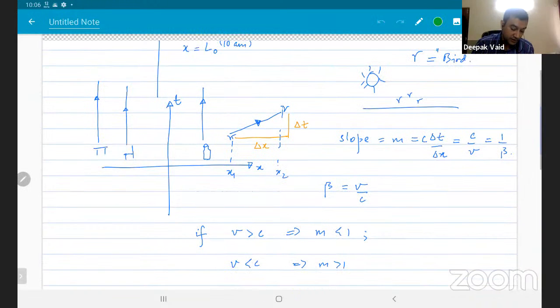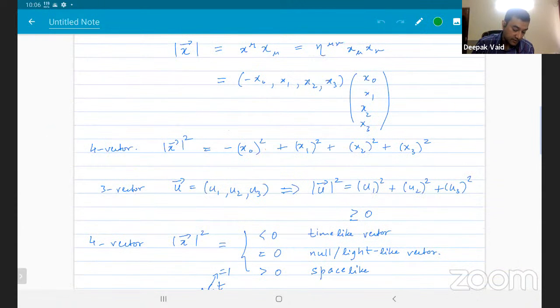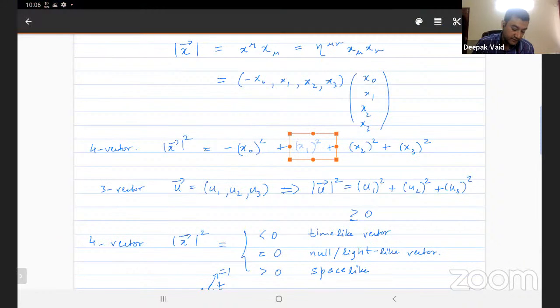And if the velocity or the length, this term will be greater than this term, right?